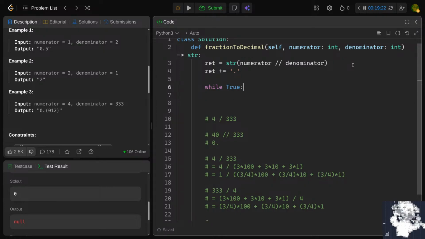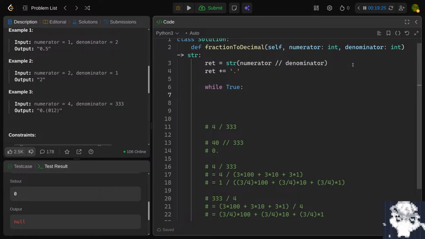We'll just keep adding it to ret. While true, numerator times a successive power of 10.